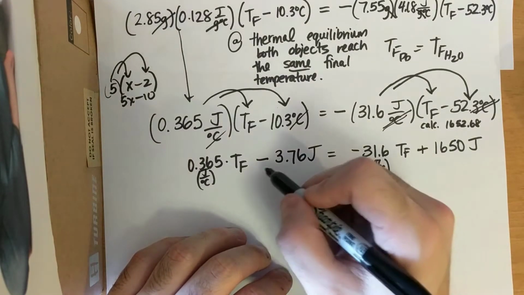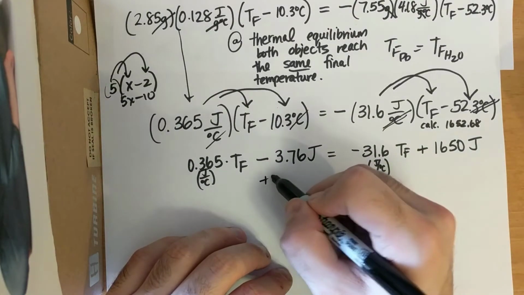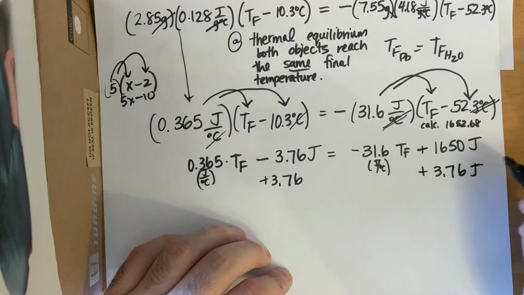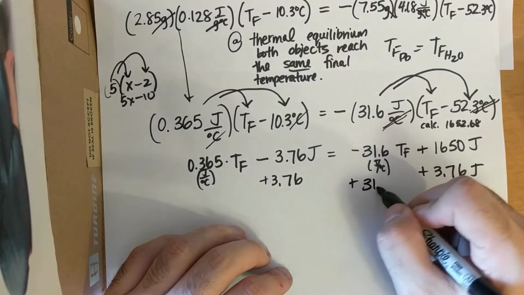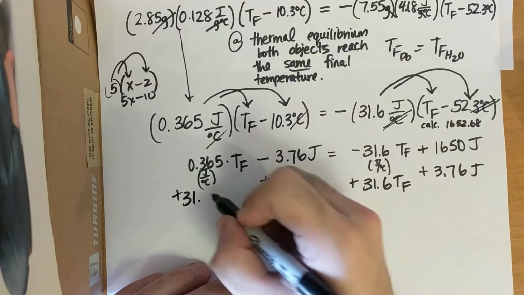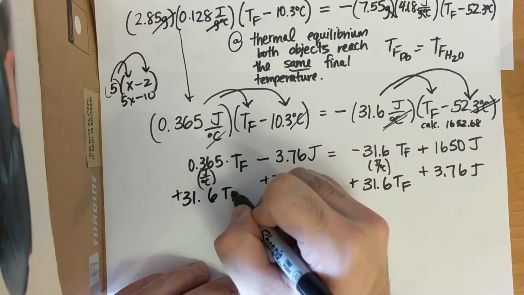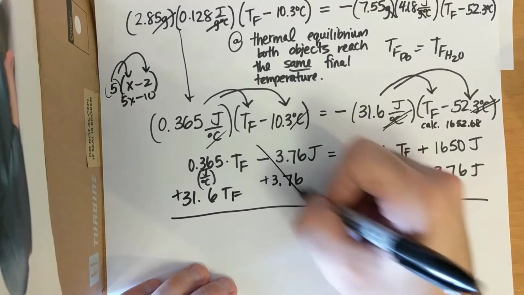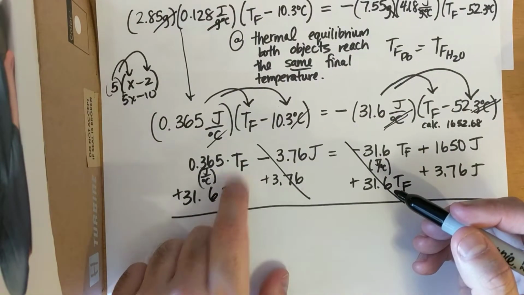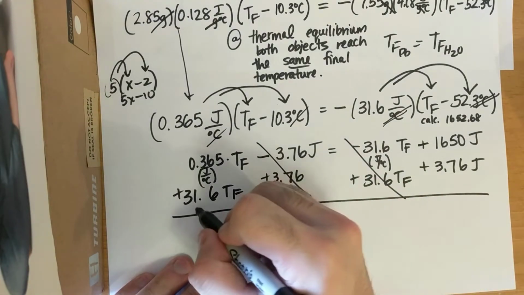So I'm going to just add 3.76 to the right side, and I'm going to add 31.6 TF to the right side. This cancels out. This cancels out. 0.365, and remember, this is joules per degree Celsius also.